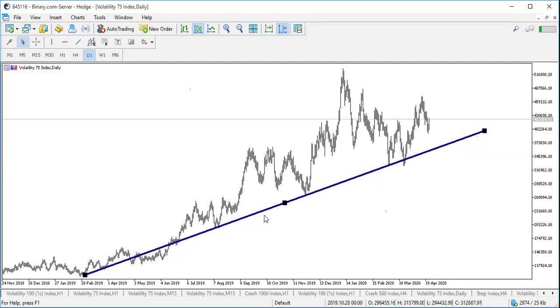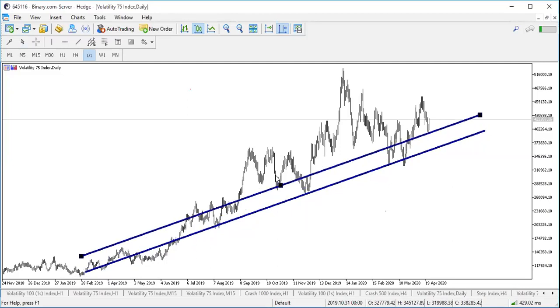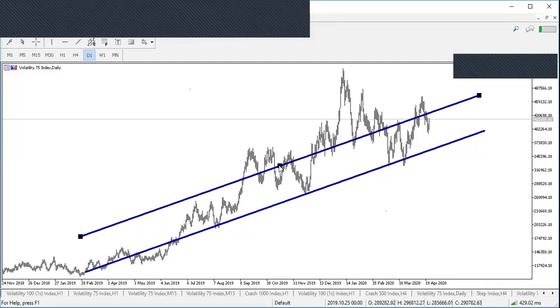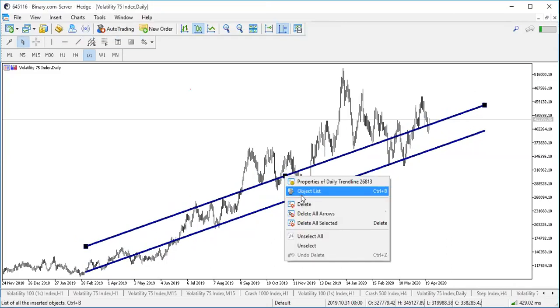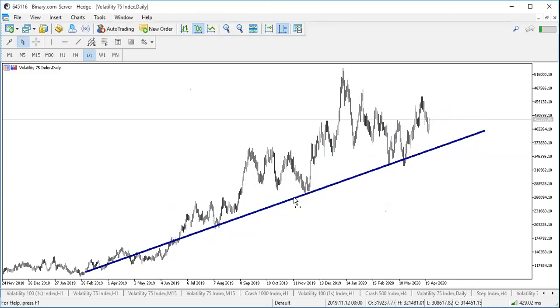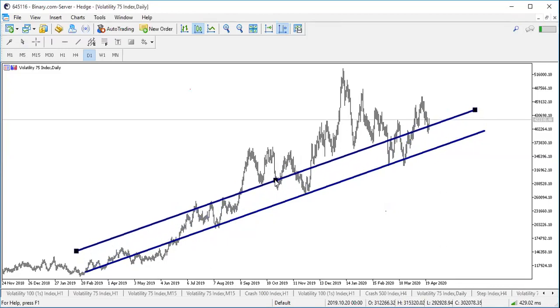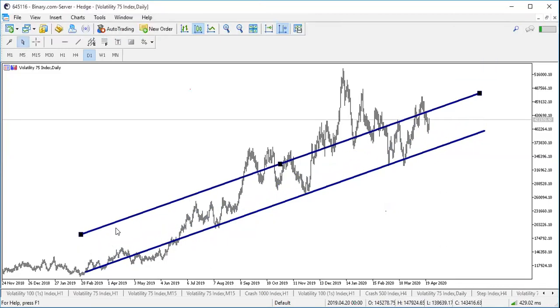Let me take it a bit more, like this. This is my V75 analysis. We move on. We want to see how price is moving. Control, left click, then you move.